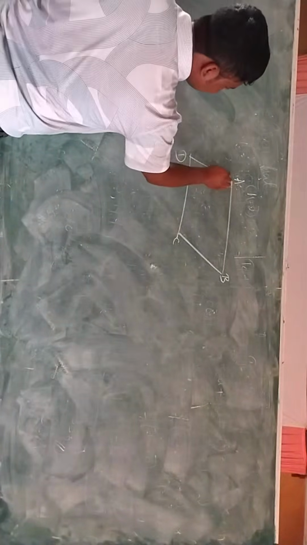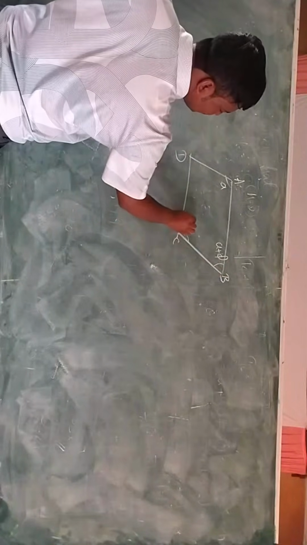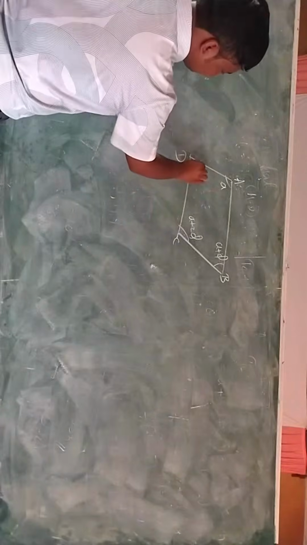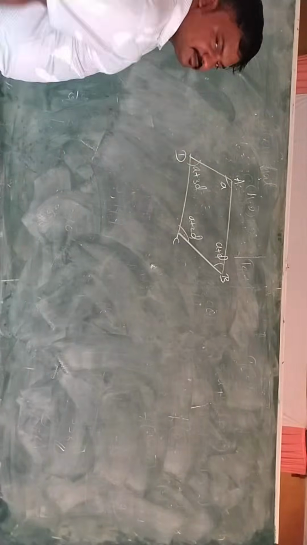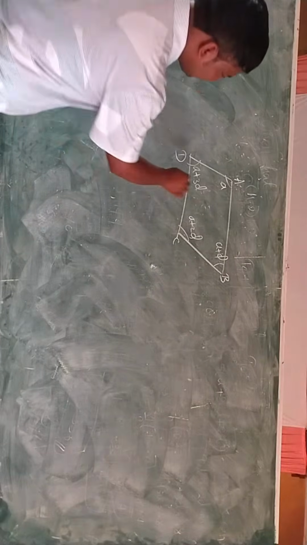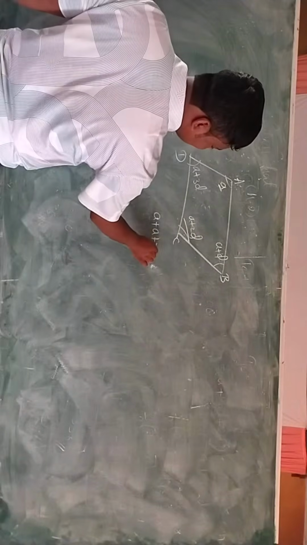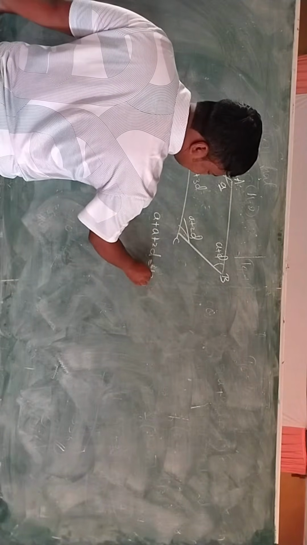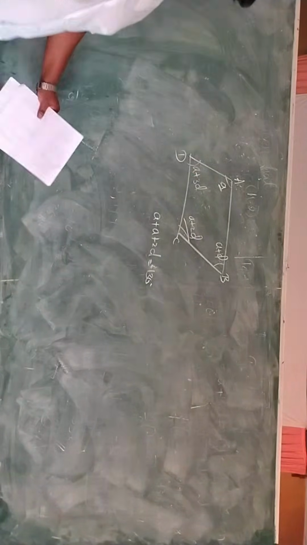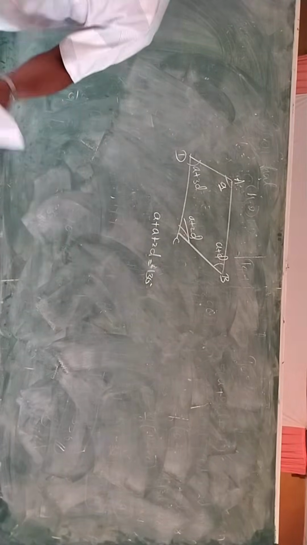So this is a, and this is a plus d, a plus 2d, and a plus 3d. And the next point is the sum of a pair of opposite angles: a plus 2d plus a is 130 degrees. So this is the given data. We are asked to calculate all the angles, all the measures.